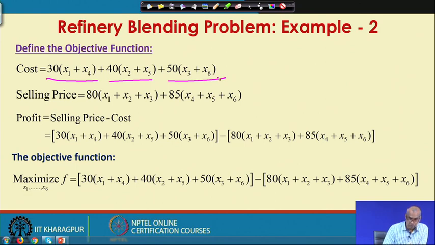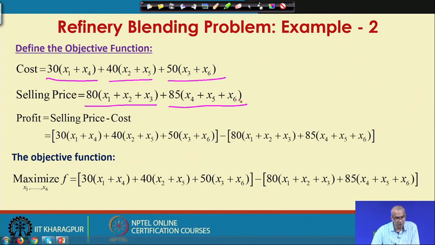Similarly, for the selling price, (x1 plus x2 plus x3) is the liters of regular petrol. So, 80 into (x1 plus x2 plus x3) is the selling price for regular petrol. Similarly, 85 into (x4 plus x5 plus x6) is the amount you get by selling the premium petrol.